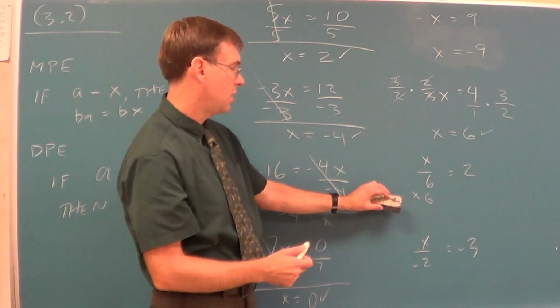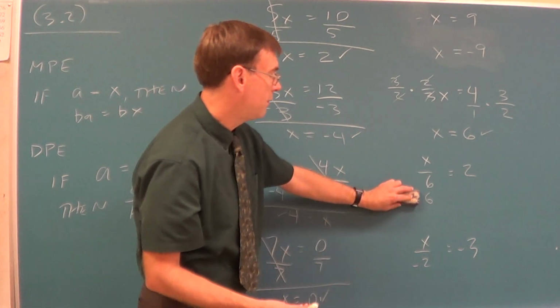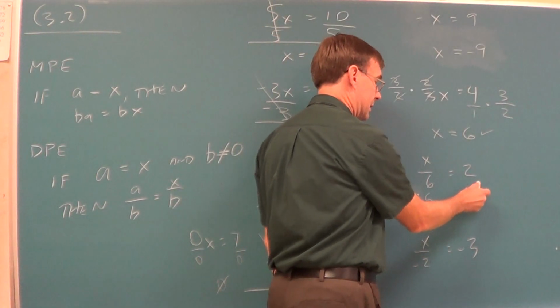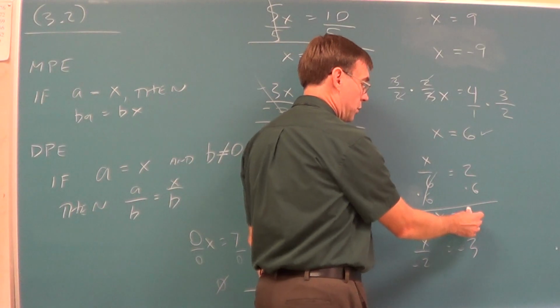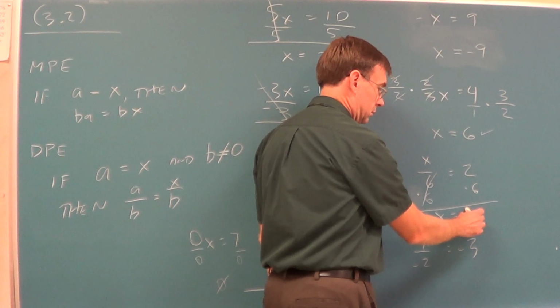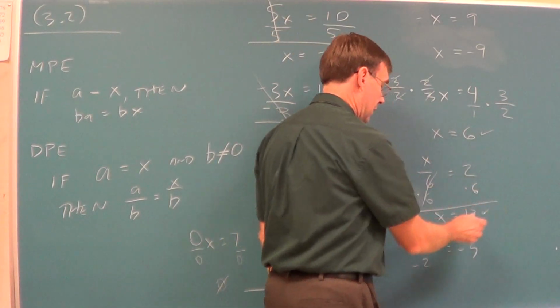Why am I not going to show multiply 6 like that ever? Because that looks like another variable in this mix. So I'm going to go dot 6 for multiply 6. 6's cancel. X would equal 12. And checking it, 12 divided by 6 is 2. That sure did work out.